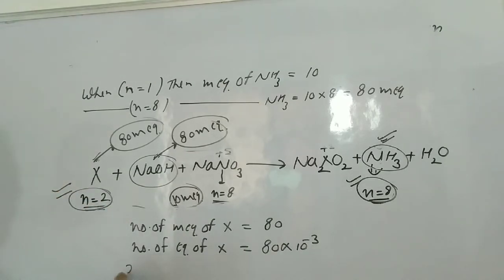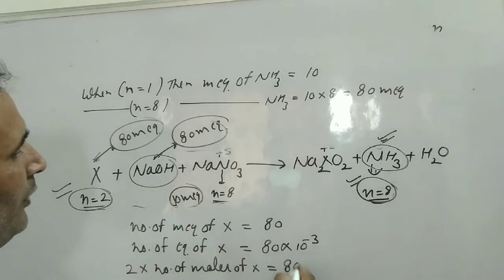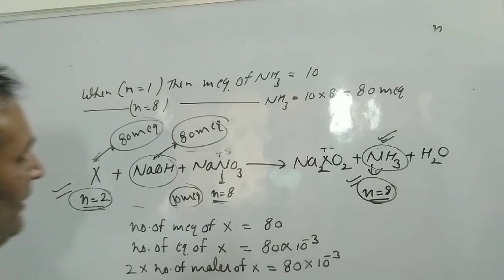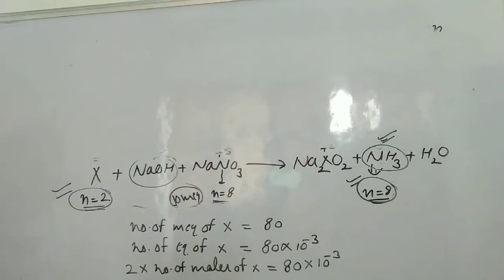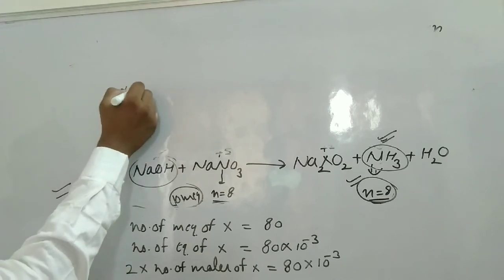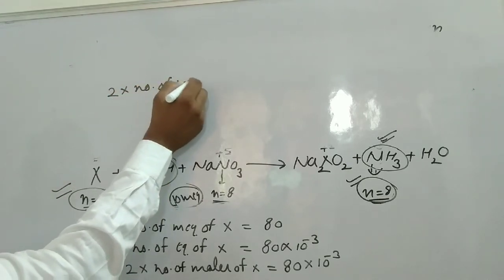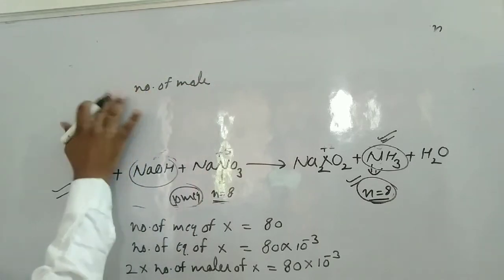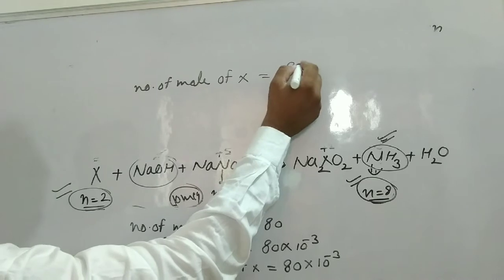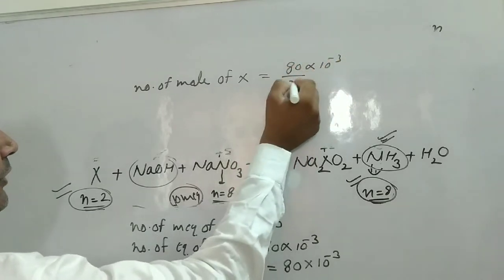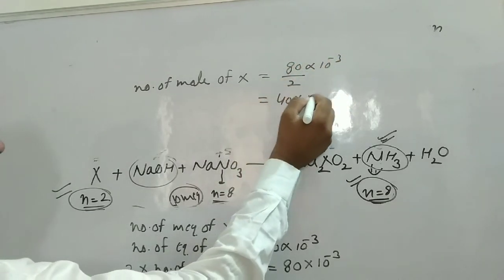So 2 into the number of moles of X is equal to 80 into 10 raised to power minus 3. And we know the number of moles is mass by atomic weight. So the number of moles of X is 80 into 10 raised to power minus 3 divided by 2, that is 40 into 10 raised to power minus 3.